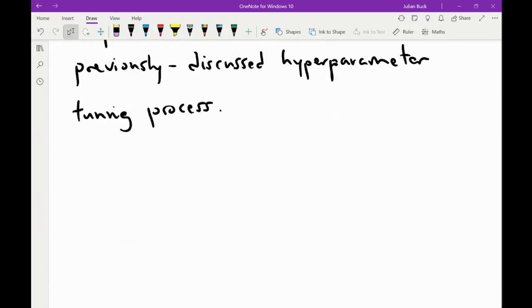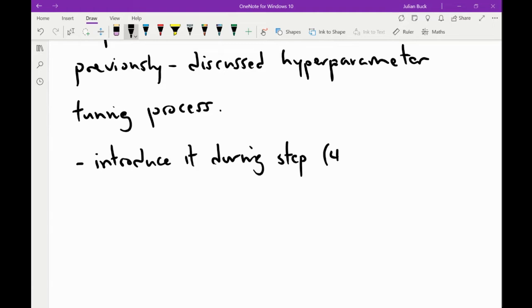Specifically, introduce it during step 4, when tuning tree-specific parameters.